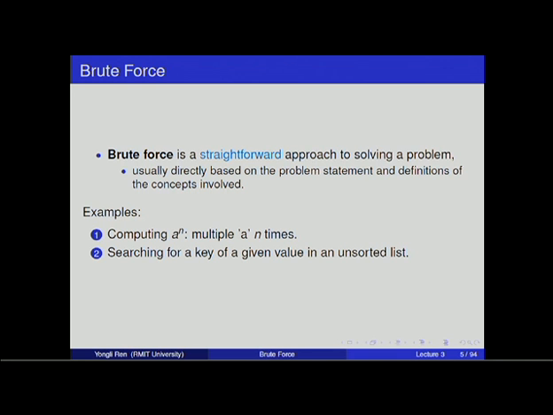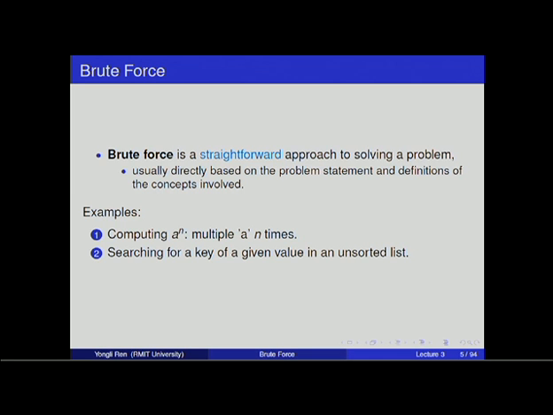One direct example is our old friend, a to the power of n. We used this example from the very beginning. The way we implement it is we calculate a to the power of n. The meaning of this term is multiplying a, n times.